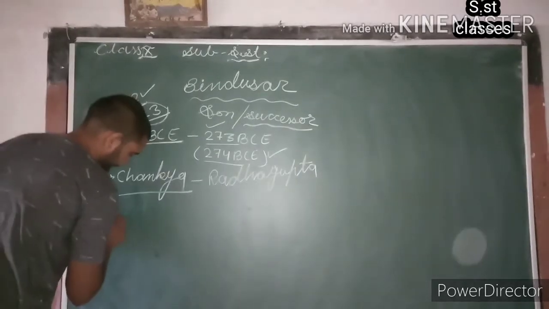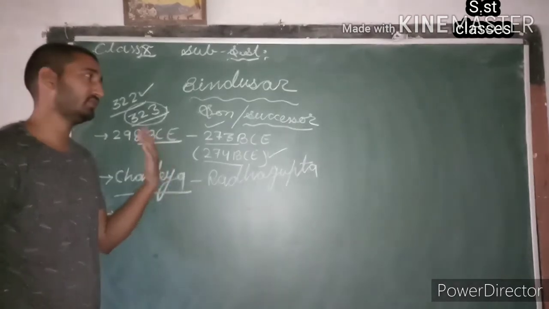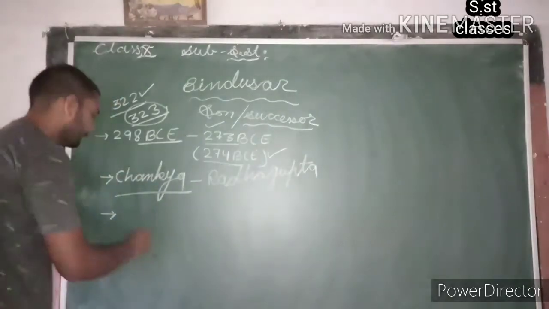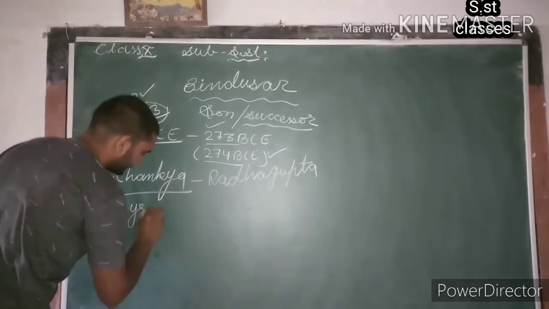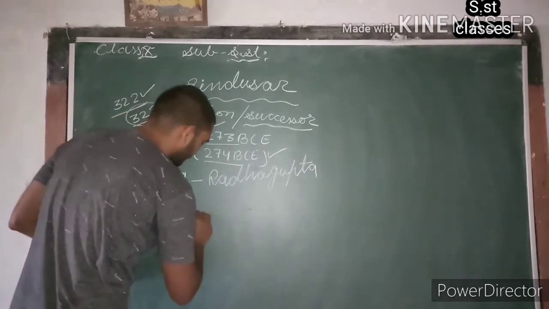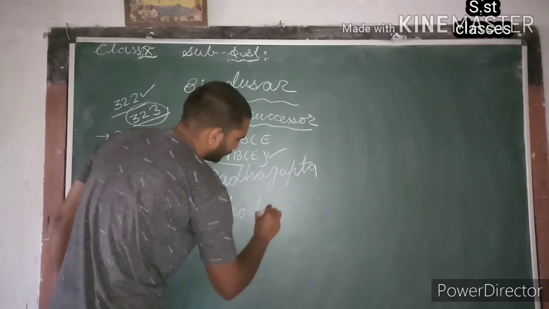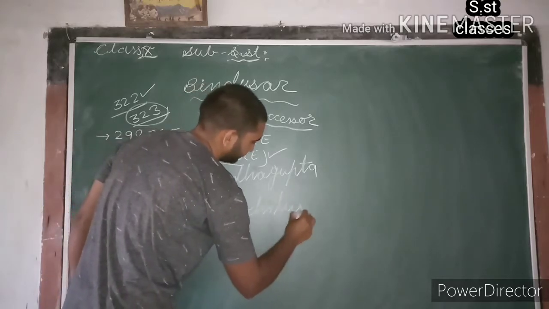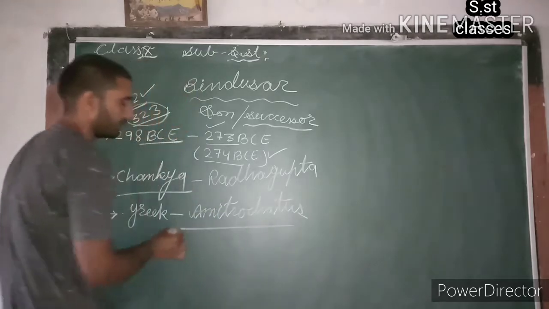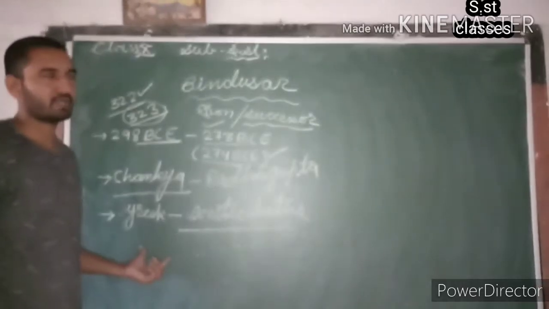After that, Bindusar had different names in different texts. According to different texts, we find different names for Bindusar. For example, the Greek authors referred to Bindusar as Amithrocatus.